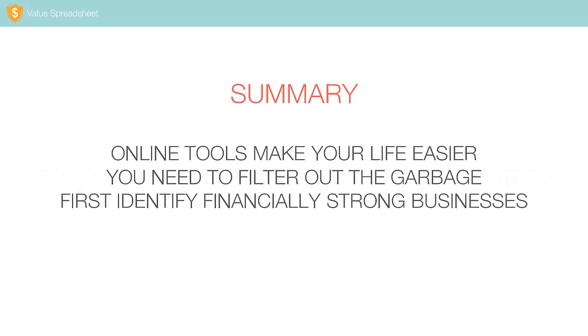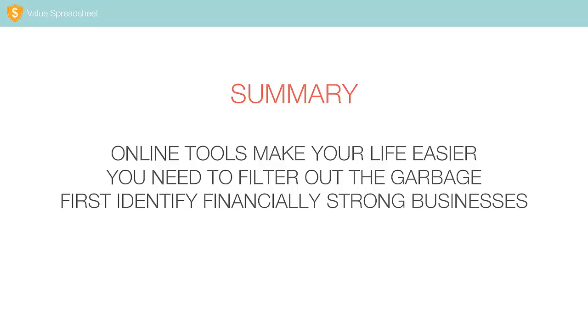To summarize, the internet has given us access to amazing tools and resources which make it easier for you to generate investment ideas. There are thousands of stocks available, but only a handful of them will meet all your criteria, so you need a way to filter out the garbage.